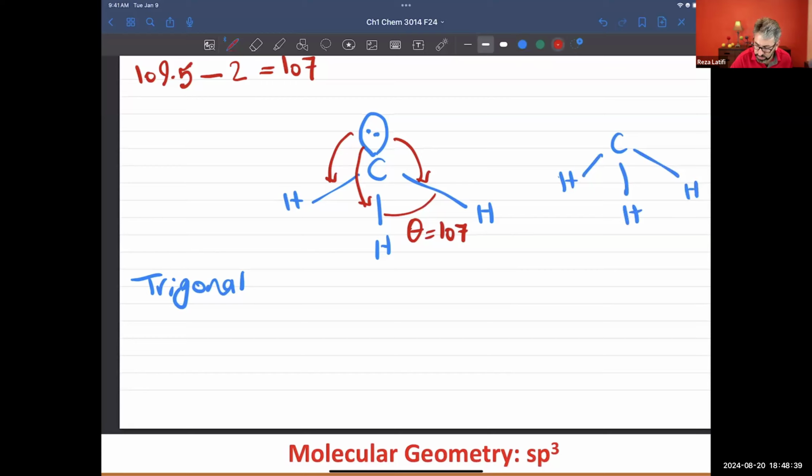Okay, let's connect those 3 hydrogen atoms. Okay, we get a plane here. Now we have a plane. Okay, where is the lone pair? The lone pair is sitting somewhere there. That's okay.